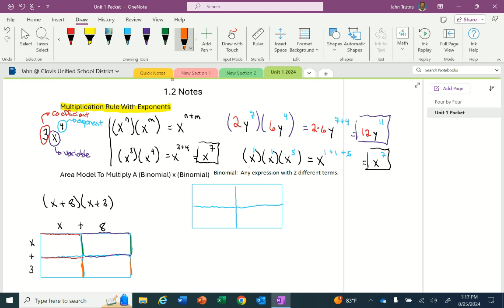Every length that's in red represents that top outside x right there, so we have an x and an x. The green represents the width, which is represented by the outside left x. And like I said, we are always going to multiply in each individual rectangle the length times the width.